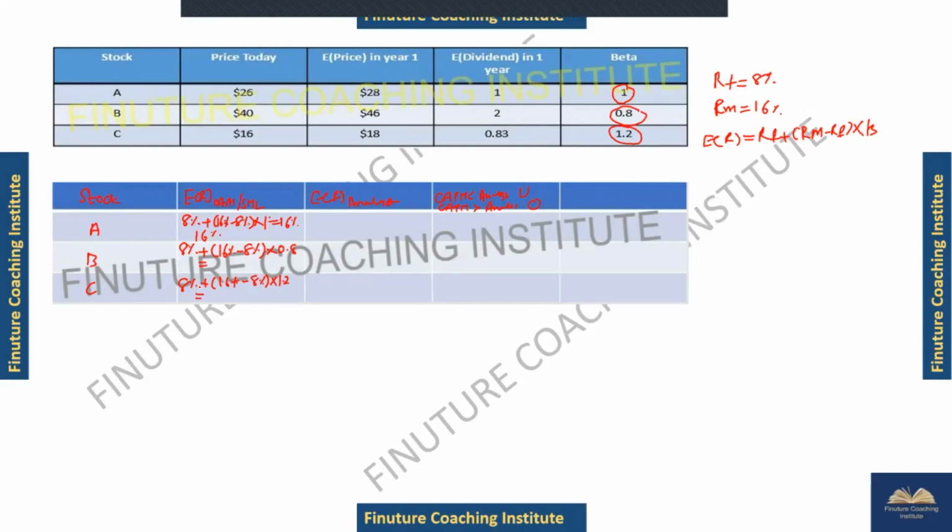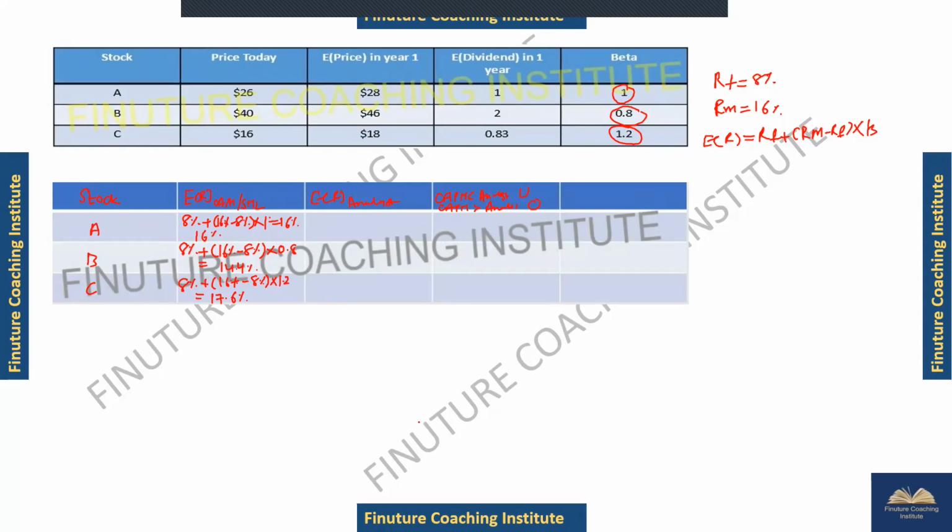Let me check my paper. The second one is 14.4%, and the third one is 17.6%. Now what we have to do is calculate the returns as per analyst.